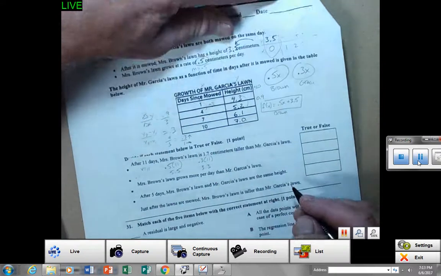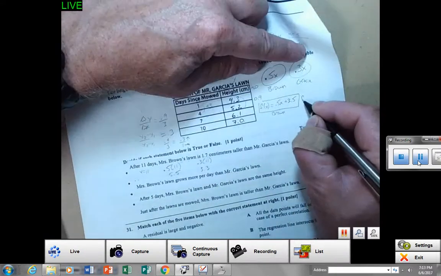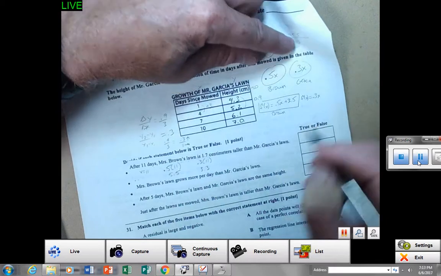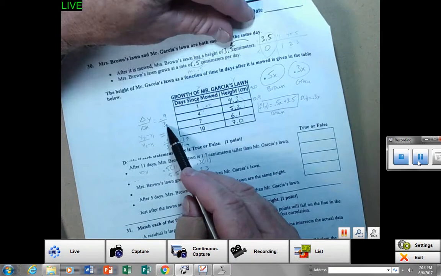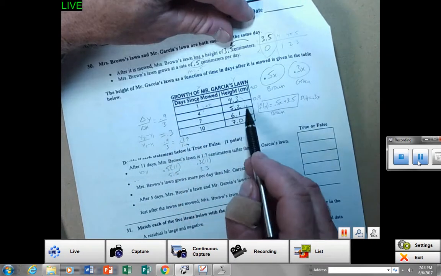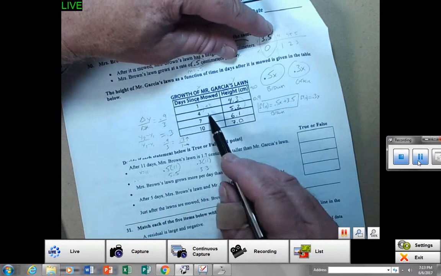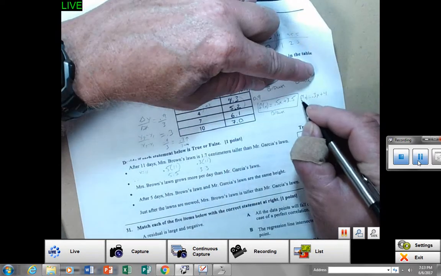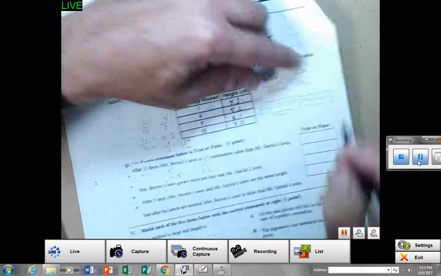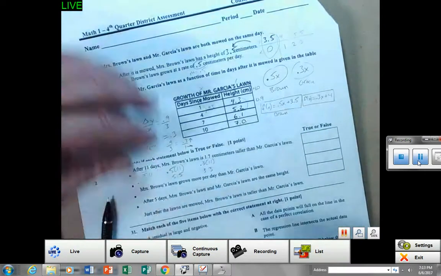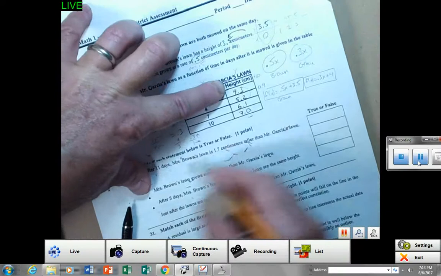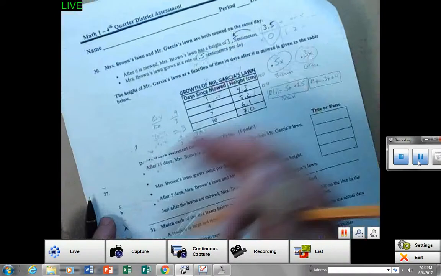So Mr. Garcia's equation is f of x equals 0.3x, its rate of change. Again, changing the change of y over the change of x. And the 0 term plus 4. That is the equation I'm going to use. So when I'm doing this first problem right here, I'm going to plug those numbers into both of those actual equations right there.